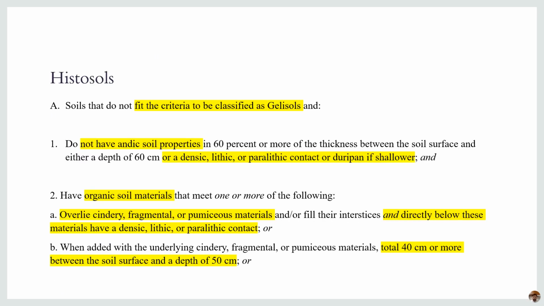The histosols are those soils that cannot be classified as gelisols. So the first step, the first criterion, the first thing that you need to know is that to be classified as a histosol, a specific physical soil profile cannot follow all the criteria to be classified as a gelisol.